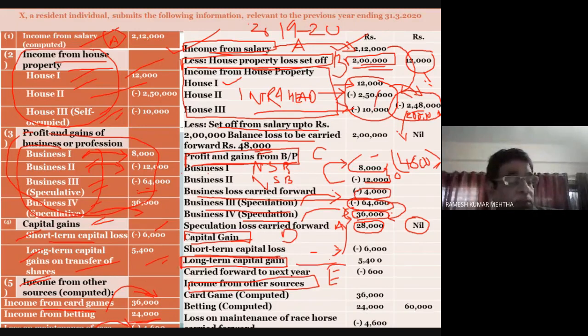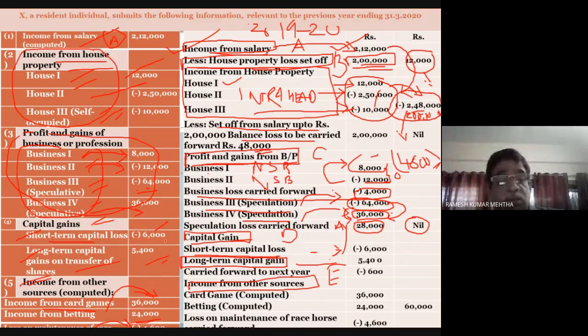Rule number two, short-term capital loss can be set off against short-term capital gain as well as long-term capital gain.